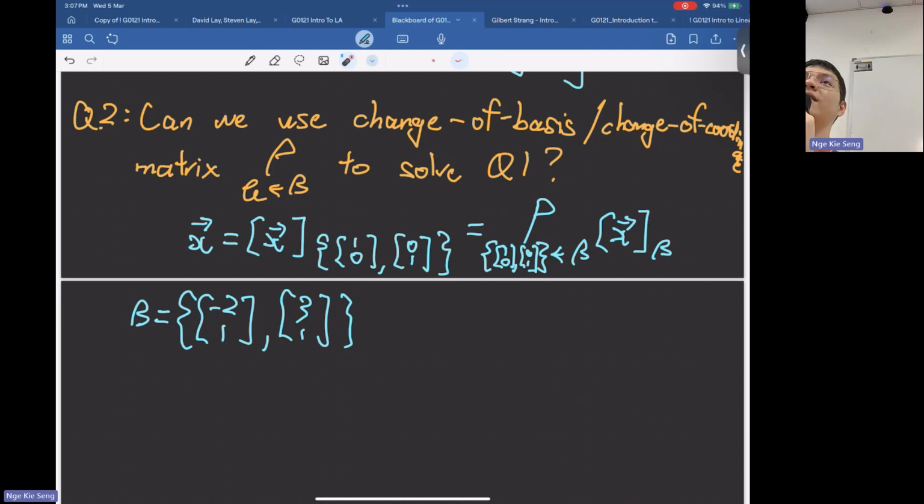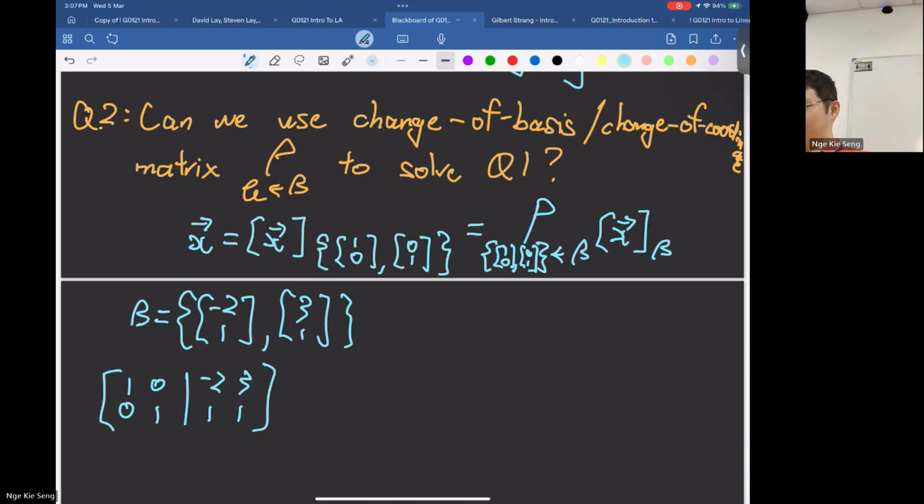You need to form an augmented matrix, right? So what do you put in your augmented matrix? You put C on the left hand side and B on the right hand side, and then you row reduce until you get the identity on the left hand side.